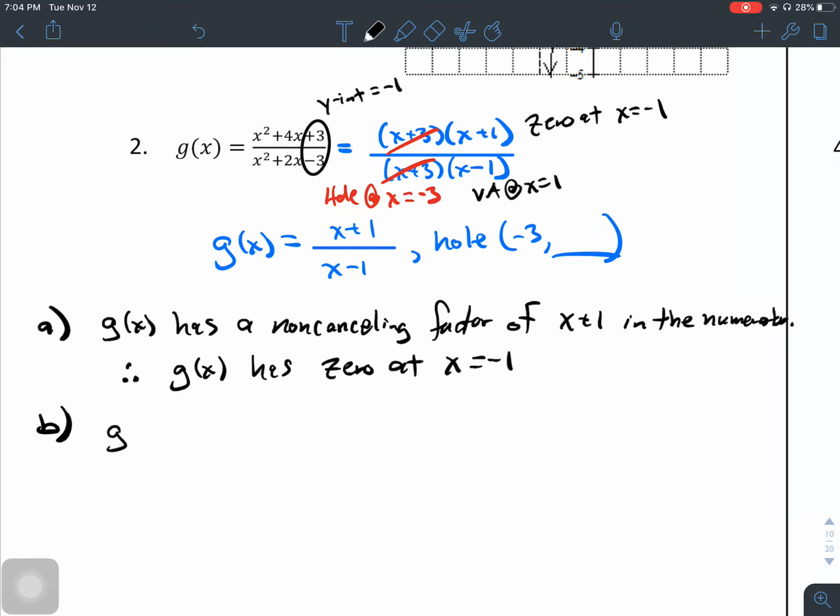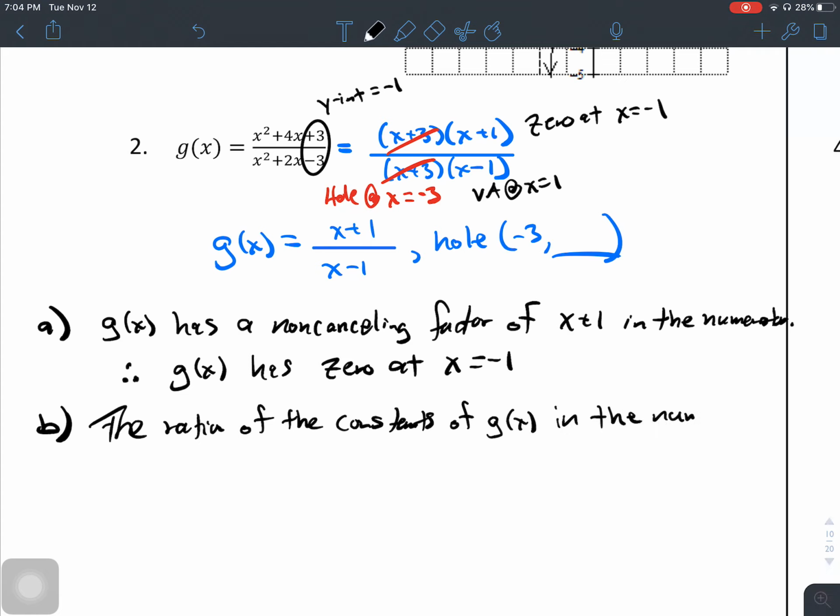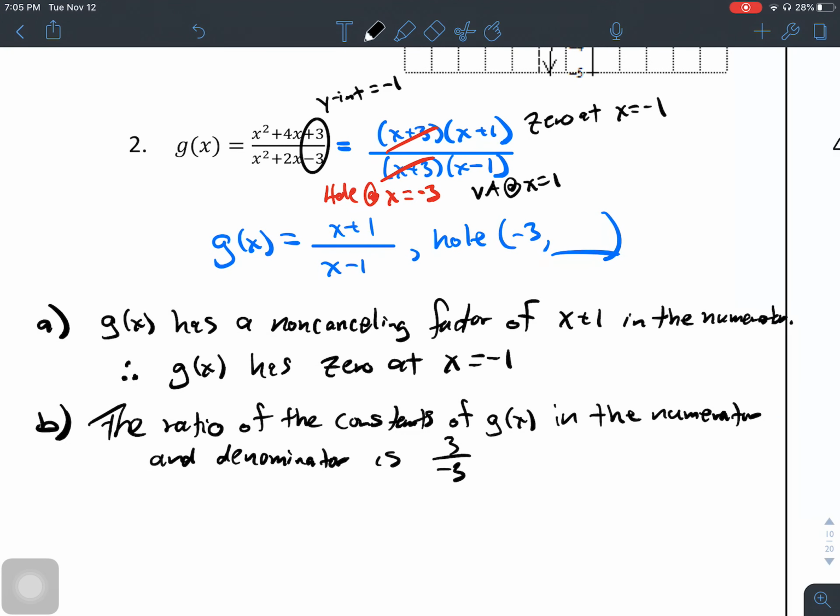B was asking for the y-intercept. So we could say the ratio of the constants of g of x in the numerator and denominator is 3 to -3.